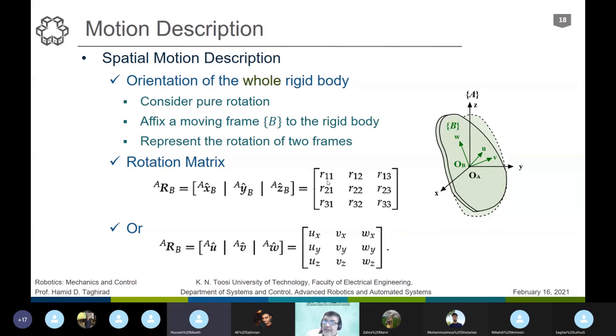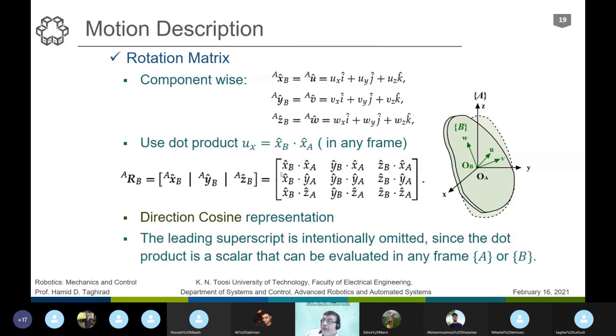Dot product. Using the dot product. If we dot product U with X, it will give you the component ux. So it is very easy to say that ux is the dot product of U with the x hat of A. So it is very easy in terms of rotation. X of B dot x hat of A, the dot product gives you these components.